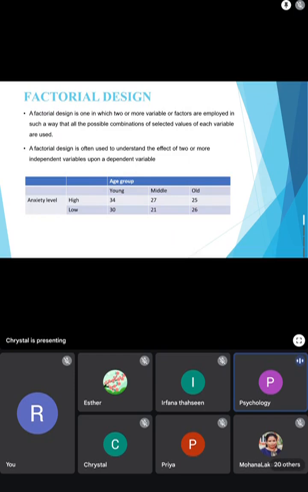Understand it from the angle of an Excel sheet, rows and columns. Let's say the columns are your independent variables, and rows are the purposes for which you study. So all the possible combinations you are going to study. This is the matrix for a factorial design. I hope I'm clear here.